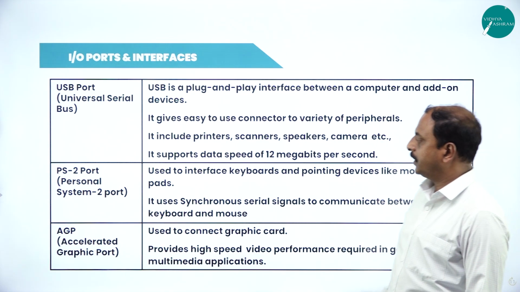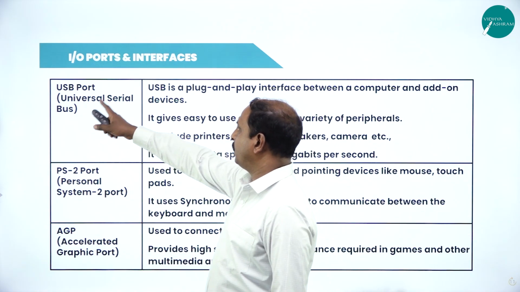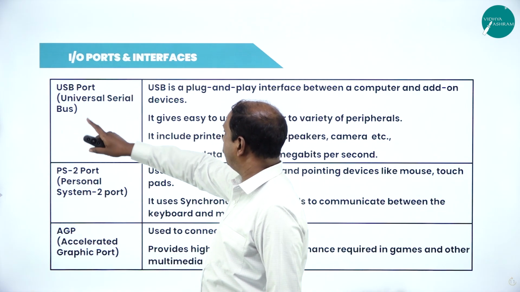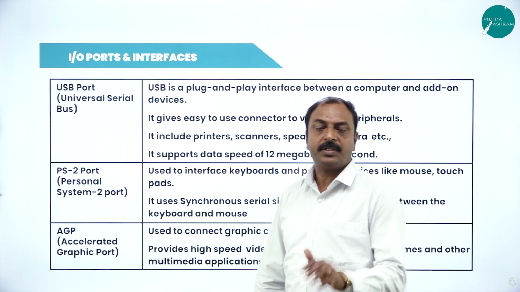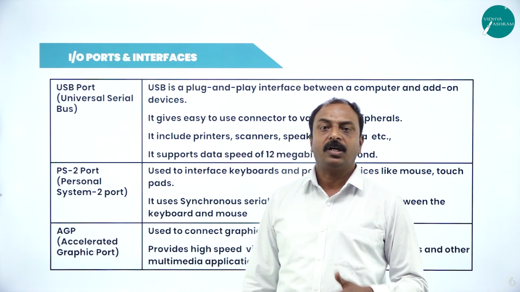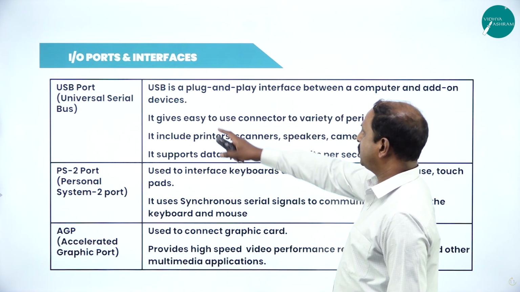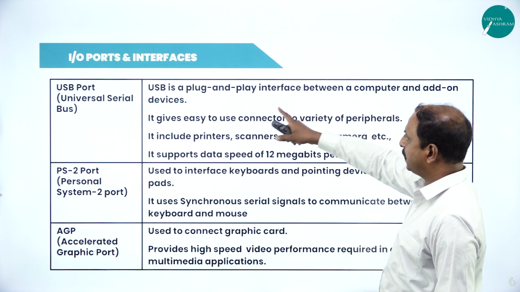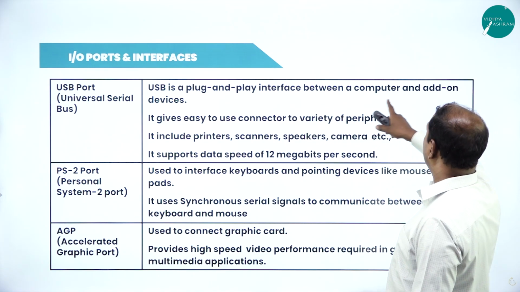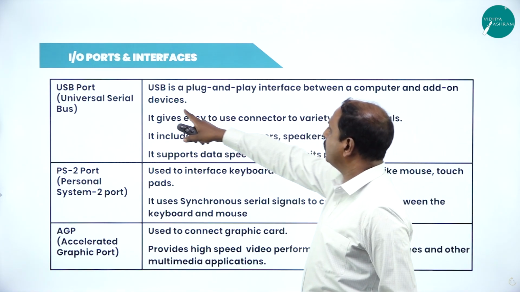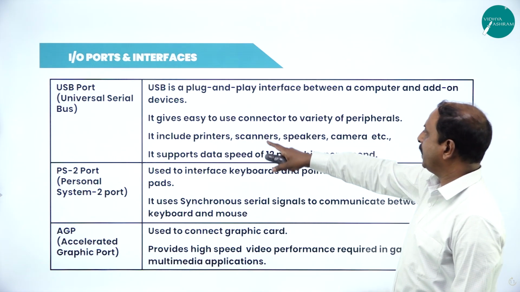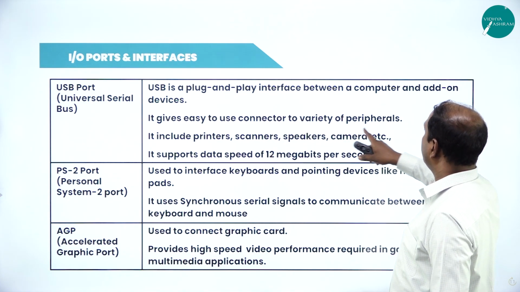And again, another type of port, the USB port, whose full form is Universal Serial Bus. Now all of you are familiar with USB. Most hardware devices nowadays come with a USB interface. USB is a plug and play interface between a computer and add-on devices, and it gives an easy-to-use connector to a variety of peripherals.